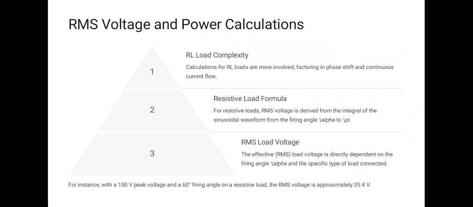RMS load voltage: the effective load voltage is directly dependent on the firing angle and the type of load connected. For instance, with a 100 volts peak voltage and a 60 degrees firing angle on a resistive load, the RMS voltage is approximately 35.4 volts.